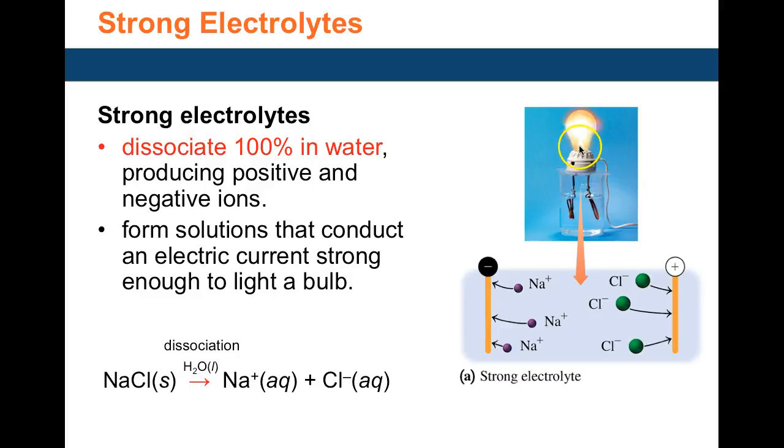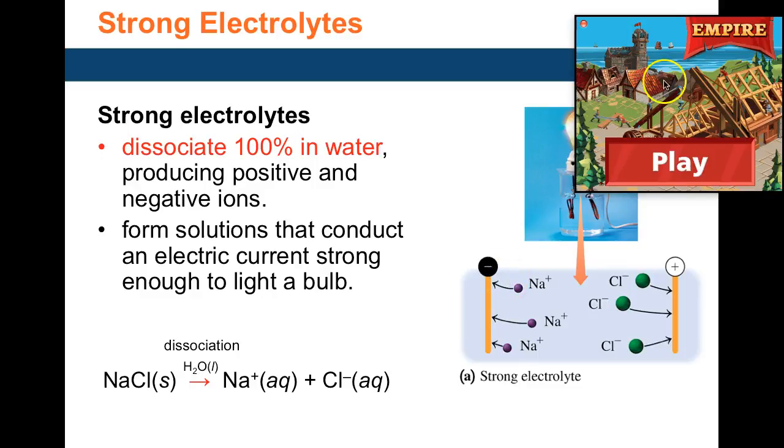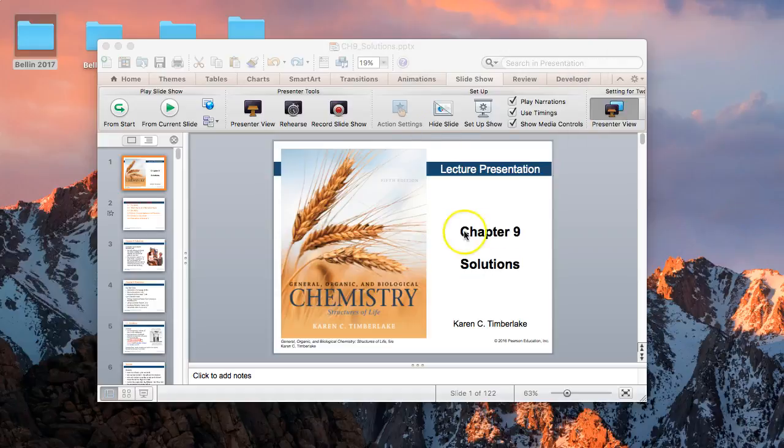And if those electrodes are connected to a light bulb, because of the circulation of electrons, the circuit is complete and the light bulb lights up. All right. Now it's got a very strong signal showing that this solution is a strong electrolyte solution.